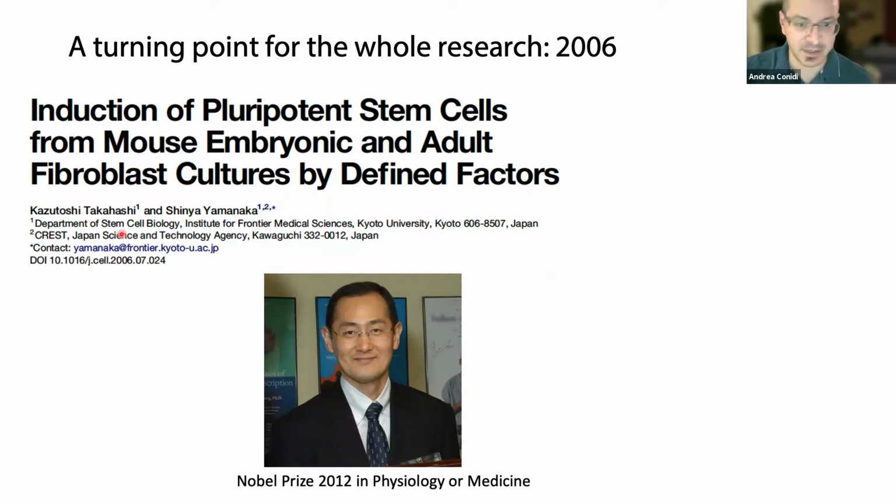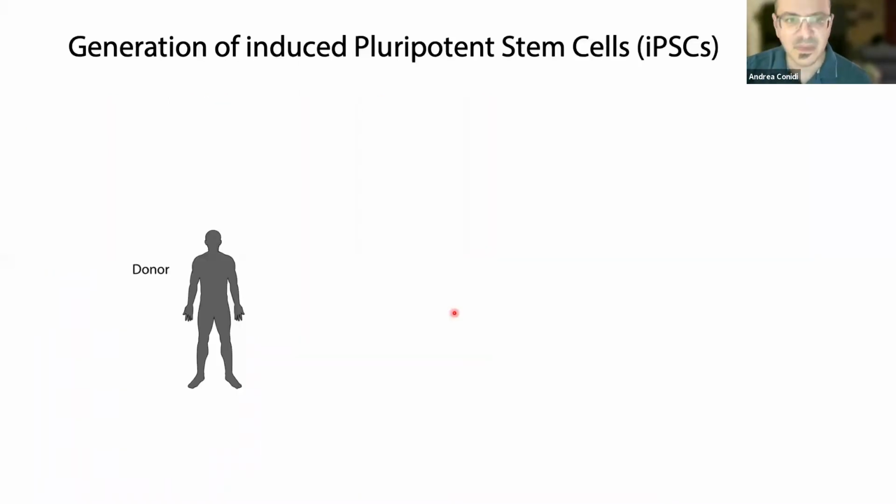Yamanaka, who won the Nobel Prize in 2012, is the main author on this. He found that a combination of factors, called Yamanaka factors, is able to reprogram adult cells, like skin cells or blood cells, to the state of stem cells. How does it work? We have a human donor.